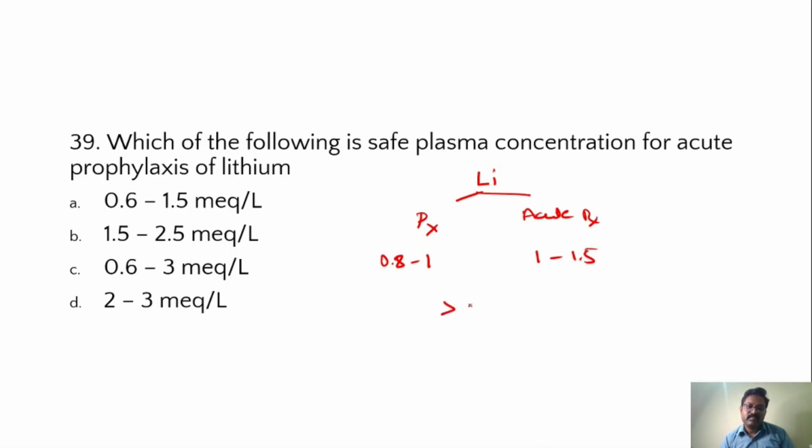If it exceeds more than 1.5, it will lead to toxicity. Toxic symptoms will be manifested. So the safe plasma concentration for acute prophylaxis, you cannot use 2 to 3, you cannot use 0.623 because it is more than 1.5. Again, it is more than 1.5. So the option will be the first option.